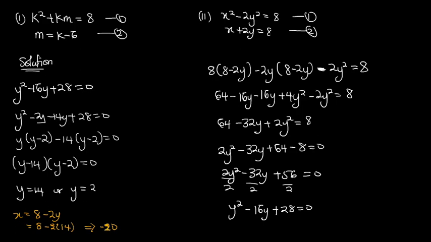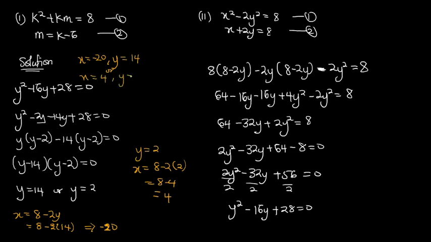So when y is equal to positive 14, x is equal to negative 20. Now when y is equal to 2, I'm going to have x is equal to 8 minus 2 into bracket 2, and this will give me 8 minus 4, and this is equal to 4. So my solution set over here is when x is equal to -20, y is equal to 14, or when x is equal to +4, y is equal to +2.